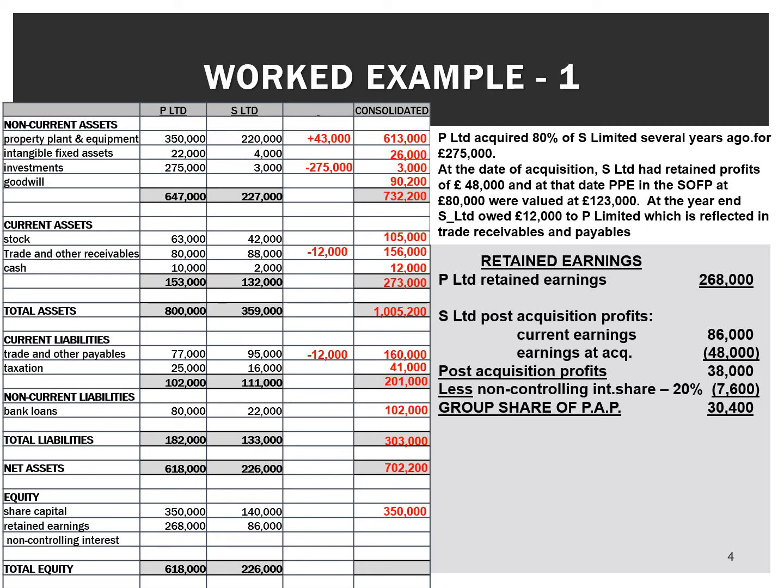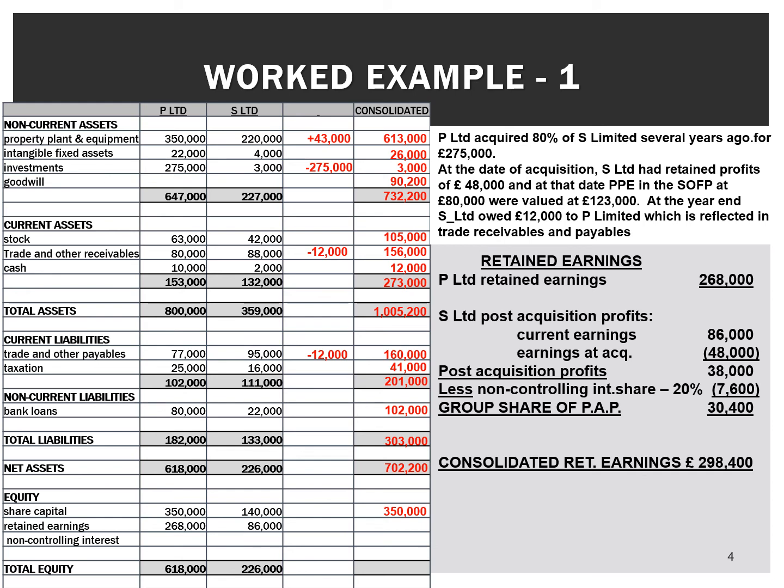That figure gets added to the parent company's retained earnings figure to give us a total consolidated retained earnings of £298,400.